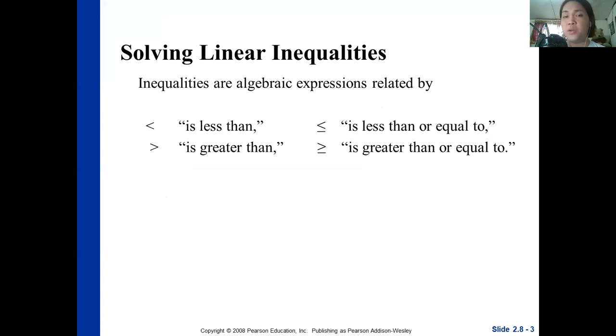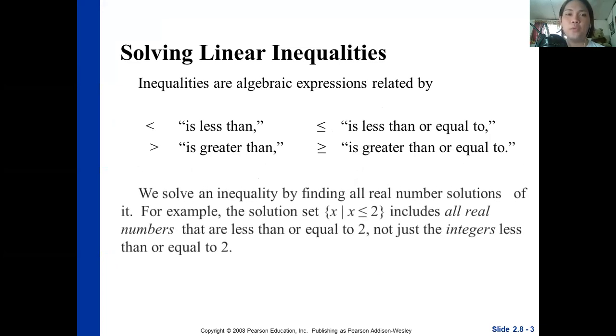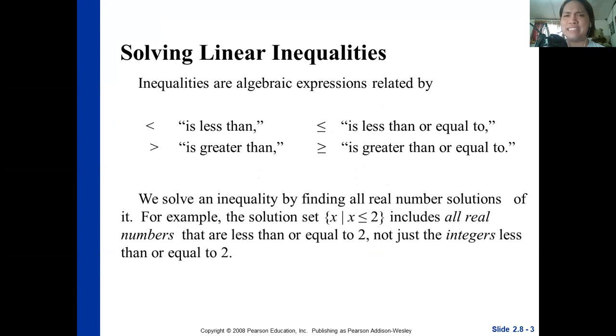Just a recap about solving linear inequalities. We all know that inequalities are algebraic expressions related by the symbols less than, greater than, less than or equal to, and greater than or equal to. So we solve an inequality by finding all real number solutions of it.